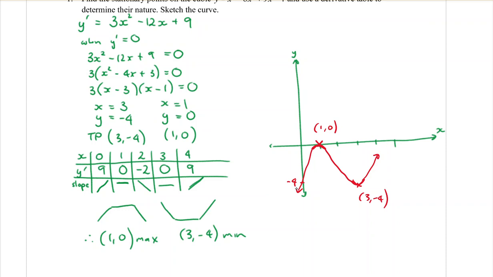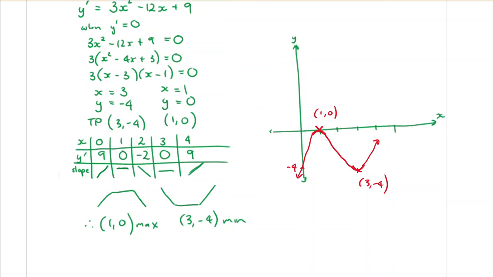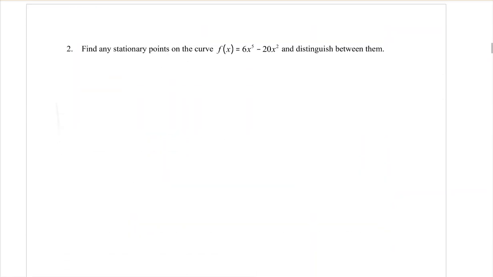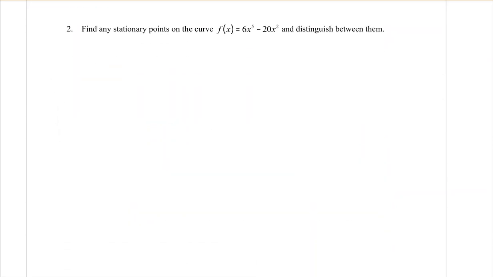Let's do it again. Question 2. Find any stationary points on the curve f of x equals 6x to the power of 5 minus 20x squared, and distinguish between them. So, like we did before, if I need to find the stationary points, I need to differentiate.